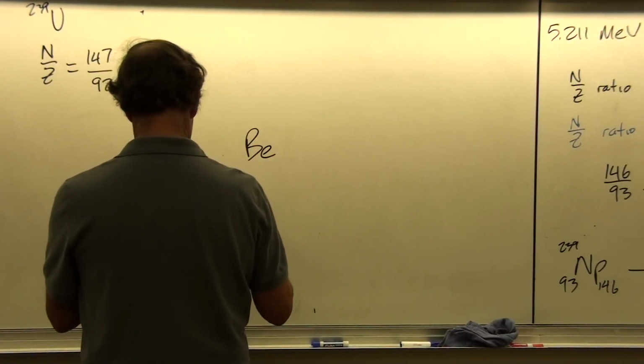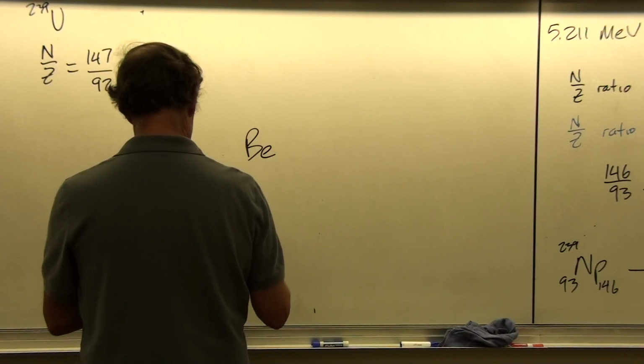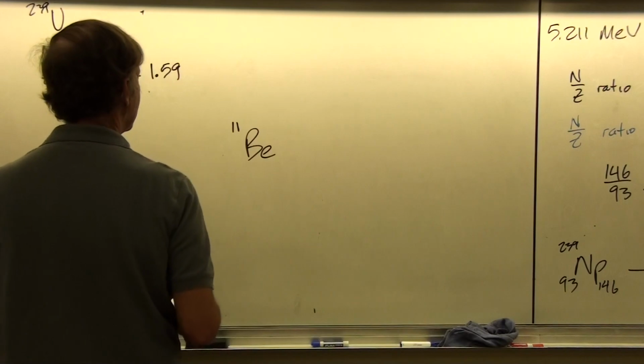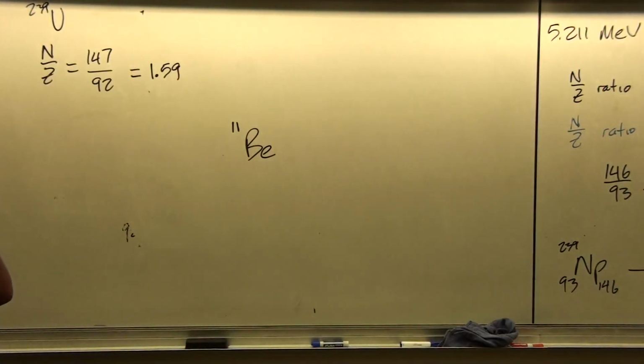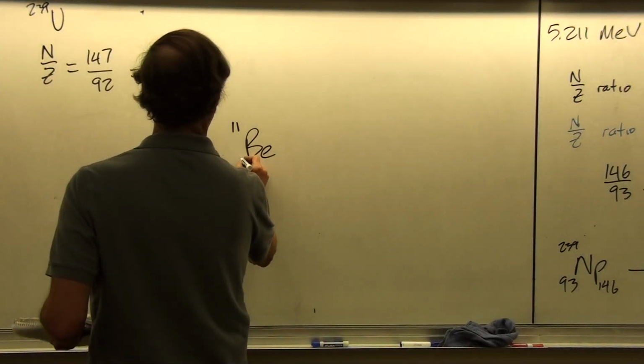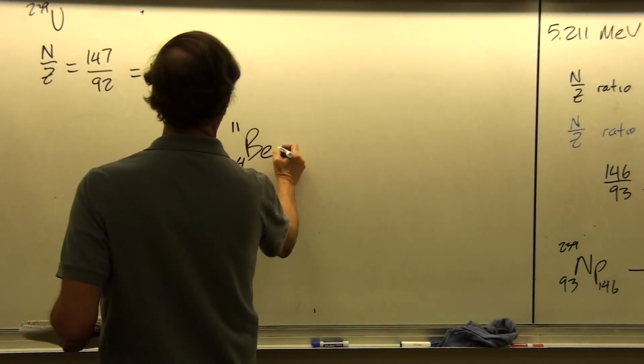And here, let's say this is beryllium-11. So that is an unstable isotope of beryllium that has an atomic mass number of 11. So beryllium then is element number 4.